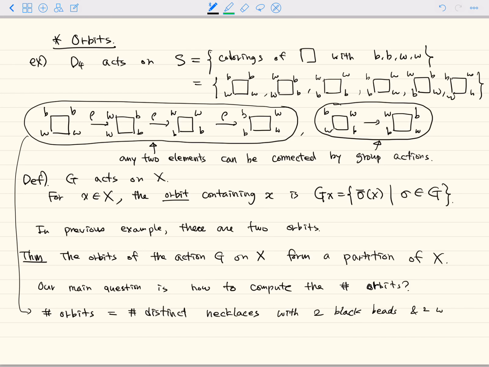We know that there are only 2, because black, black, white, white and black, white, black, white are the only necklaces using 2 black beads and 2 white beads, because everything else can be obtained from one of these by applying a rotation or flip. So we want to compute the number of orbits when you have a group action. And we will do this in the next video.